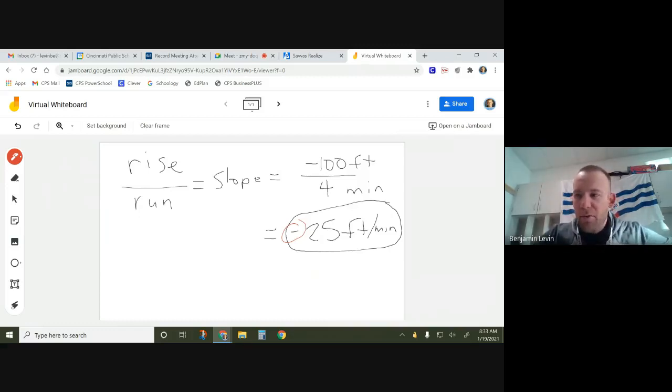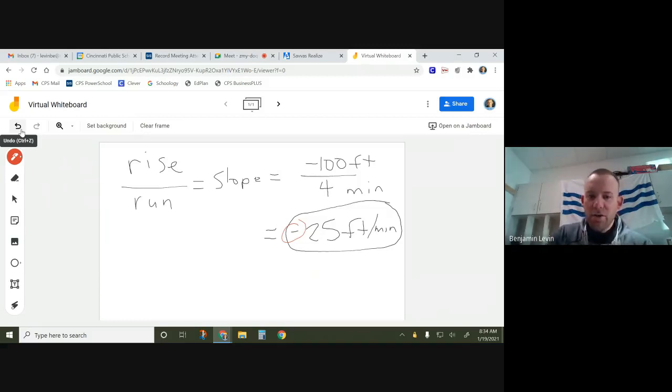And then maybe if the airplane was about to land, 30,000 feet above Earth and now it's going down to 0, our unit rate would be negative because it's going from 30,000 down to 0, back to the ground. So just think about that when you're thinking about these graphs. A lot of times you can figure out whether it needs to be a positive or negative slope based on the question if they give you a word problem. Submarines go down, so it's negative, right?